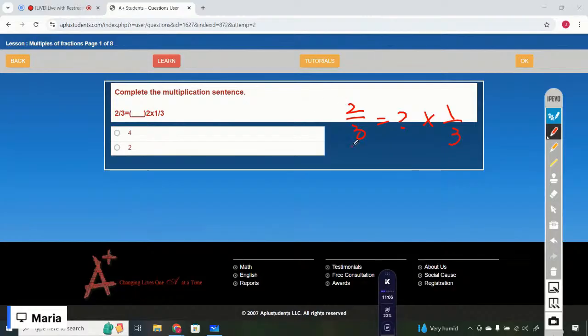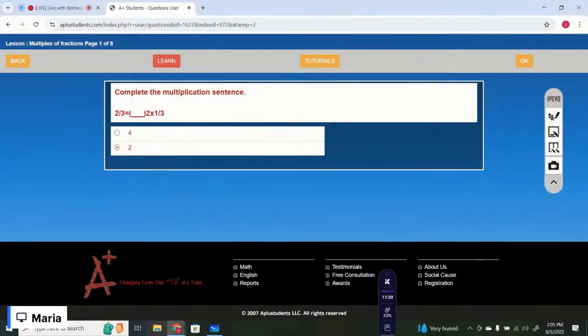The denominator is 3, so the whole number must be 2. That is 2 times 1 by 3. Option number 2 is the correct option.